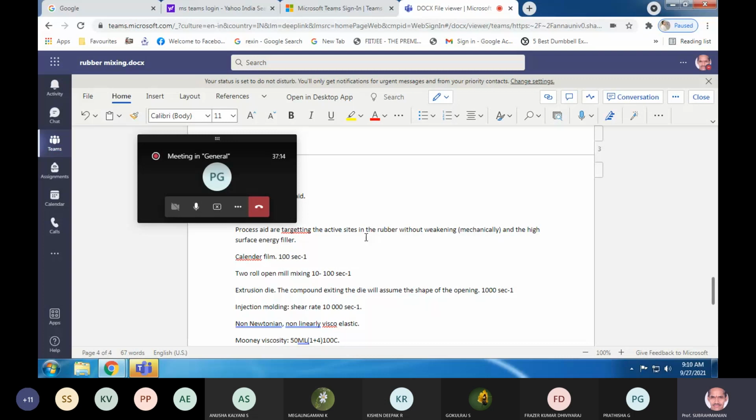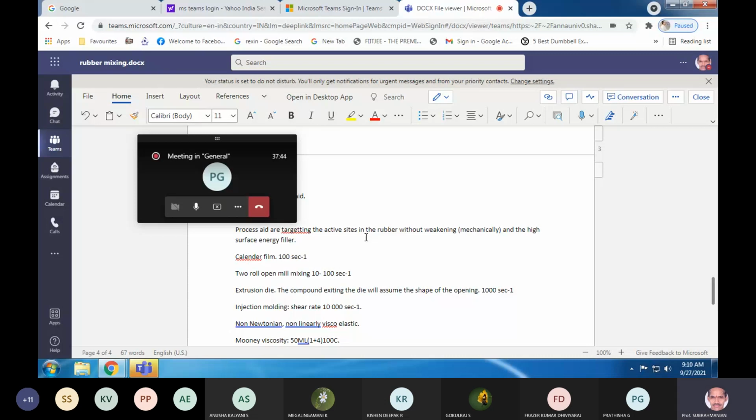When do we require a high weight average? We need them for excellent mechanical properties. But we'll have to process them. So what do we do? At that time you go for the process aid. And if the rubber can allow process oil, you explore the process oil route also.